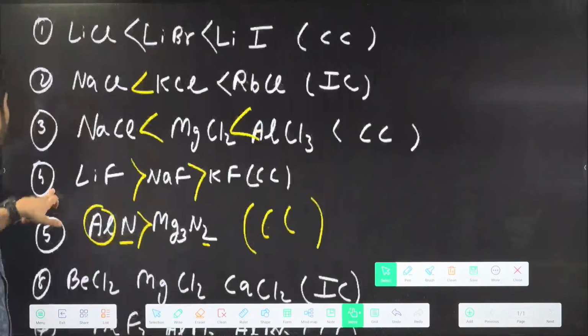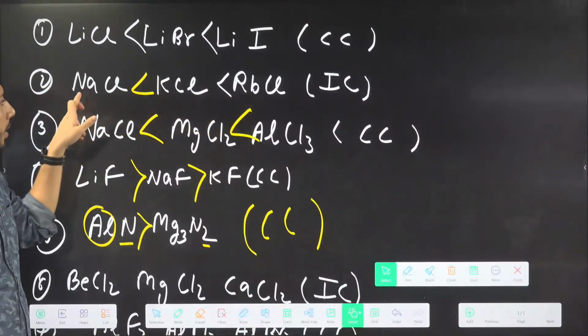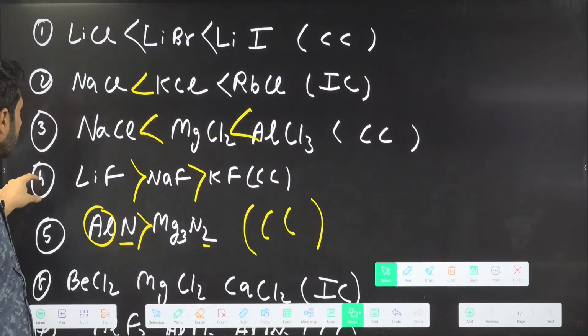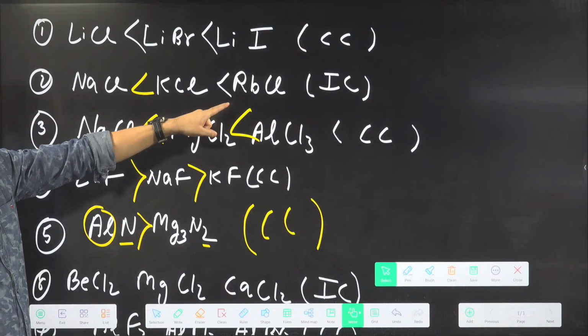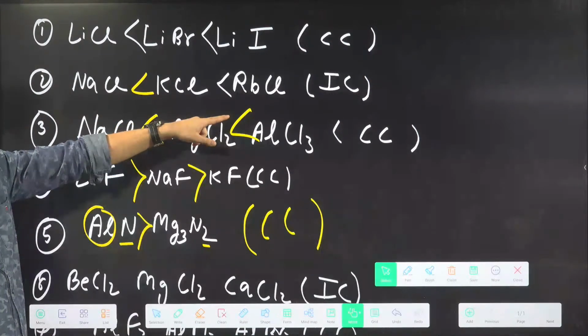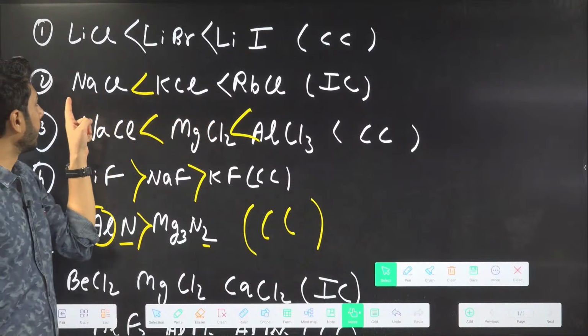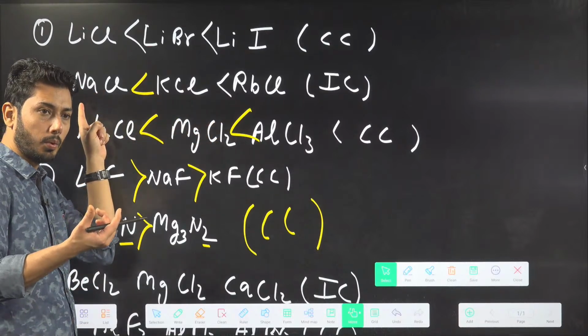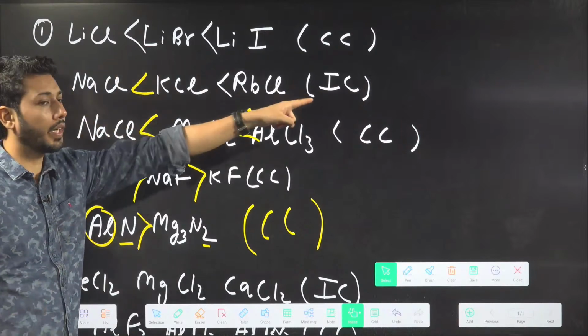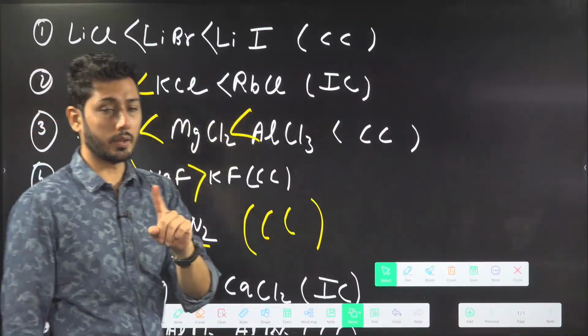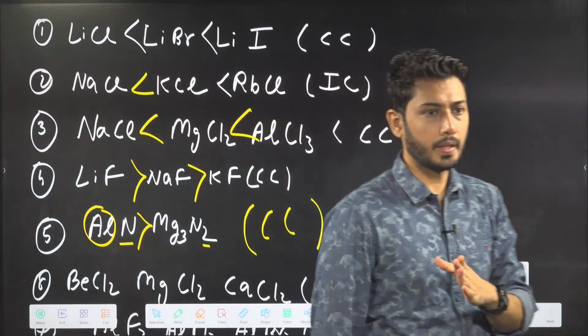NaCl, KCl, anion same concept like fourth one. Anion common, cation being different. Polarization is inversely proportional to size of the cation. That means Na plus maximum polarization, most covalent character. Therefore, ionic character is asked, not covalent character. You have to see the question properly.